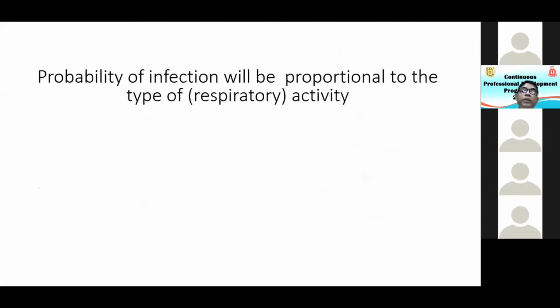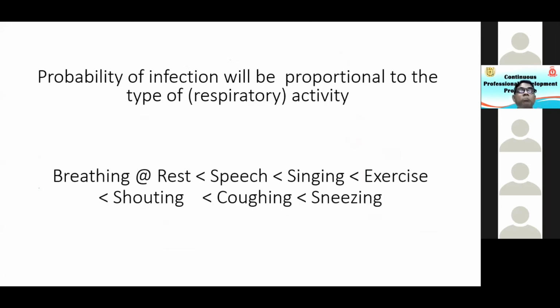The probability of infection is proportional to the type of respiratory activity. If the contagious person is breathing at rest, the number of contagious droplets produced will be less. If you speak, it will be more than that. If you sing, it will increase further. If you exercise, the droplet concentration will be more.